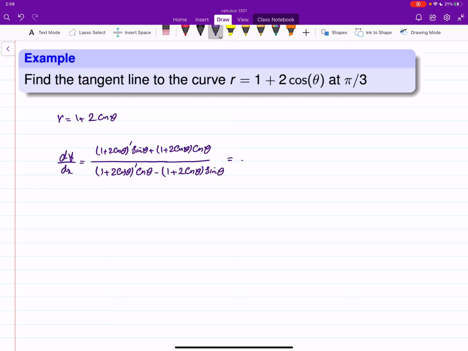Okay, so this gives me minus 2 sine squared theta plus cosine theta plus 2 cosine squared theta. In the denominator, we have negative 2 sine theta cosine theta minus sine theta minus 2 sine theta cosine theta.